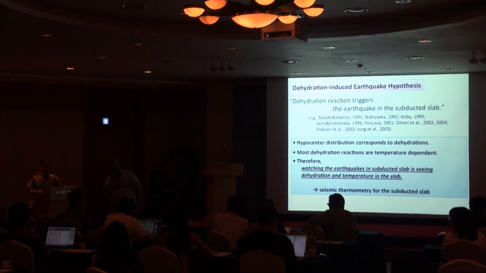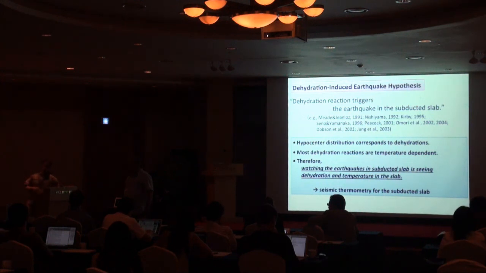So this means that they need high differential stress. So basically the location of these earthquakes, the epicenters, indicates more where the stress is high. Then, of course, you can have also dehydration. Yeah, but I think the stress is high everywhere in the subduction slab. Not everywhere. But more or less, I mean.